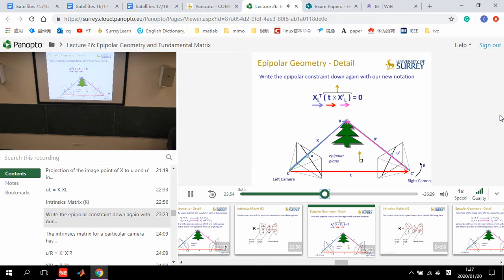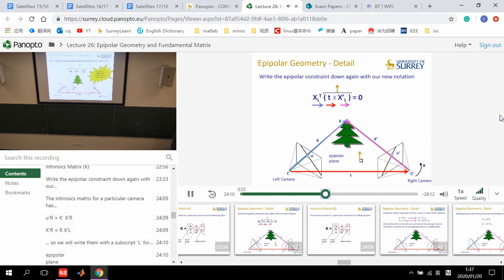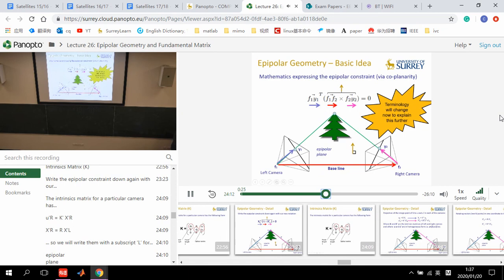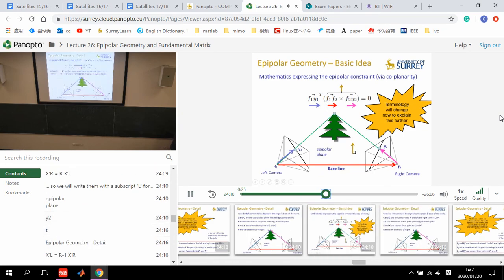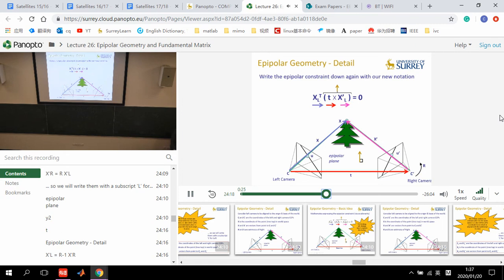And we're saying that XL transposed, previously we just talked about an inner product here but this is the same, we're just transposing it, multiplied by T crossed with x prime L, is 0. This is exactly the same as we had back here when I tried to explain it without this more complex notation. Yeah? Right. I'll stop there in case there are any questions.